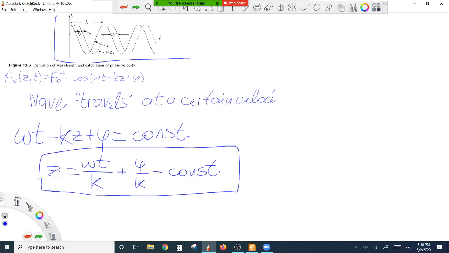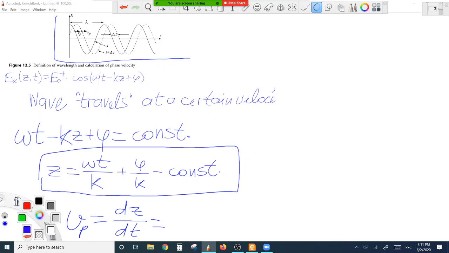And the velocity, if we know the coordinate of the point which is changing in time, will be the derivative of that coordinate, dz with respect to time. If we derive this expression with respect to time, we will get the velocity of the point.